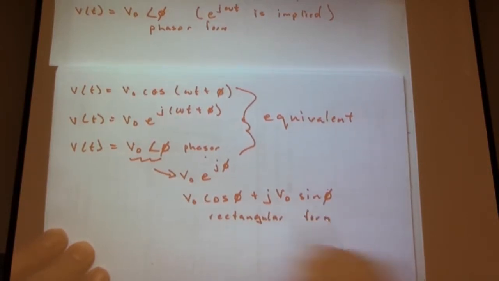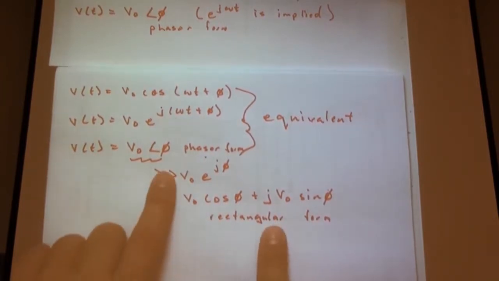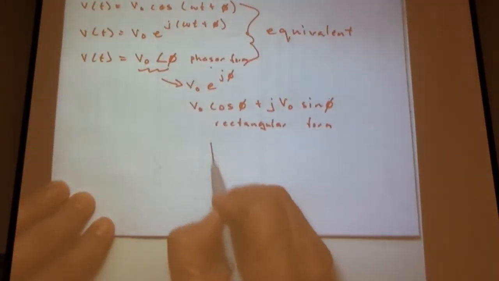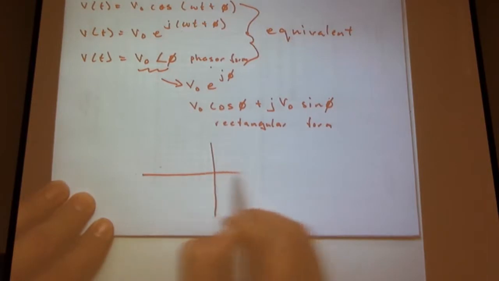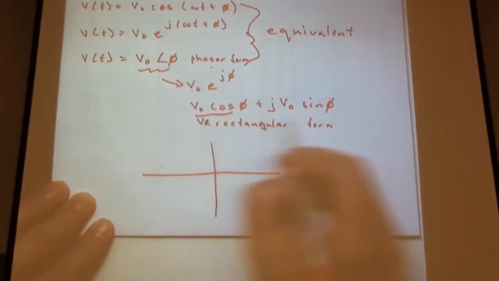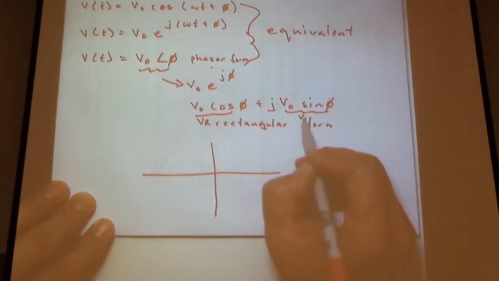And we saw that in the lab yesterday, so it should be a little familiar. Different ways of doing the same thing. Both are complex numbers. We've done this before, but in our imaginary versus real plot, this is V real, and this is V imaginary.